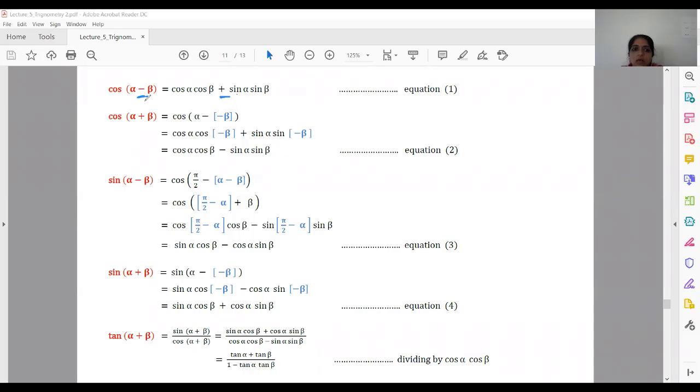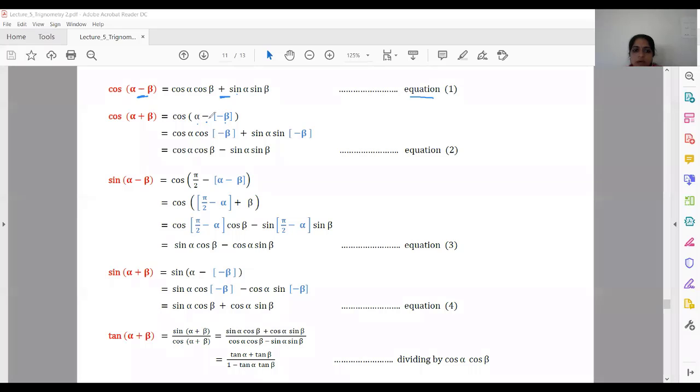Now we are going to prove the formula of cos alpha plus beta with the help of this equation 1. Cos alpha plus beta, that is cos alpha minus minus beta. Okay, this minus minus is plus.